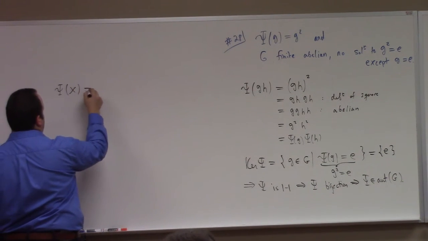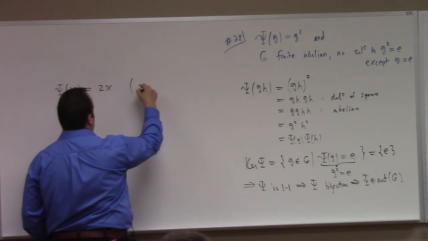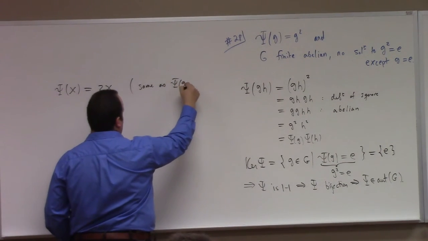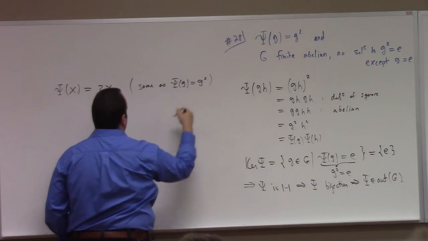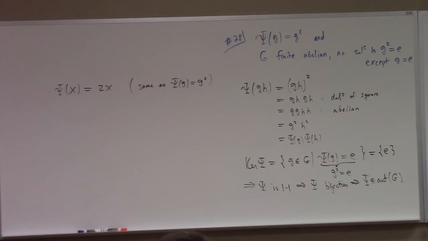So let's say psi of x is equal to 2x. This is the same as psi of g equals g squared, but in the additive world. This is the additive version of that.